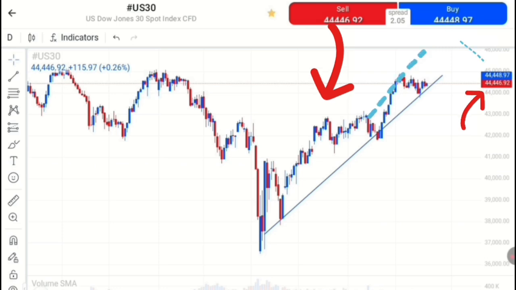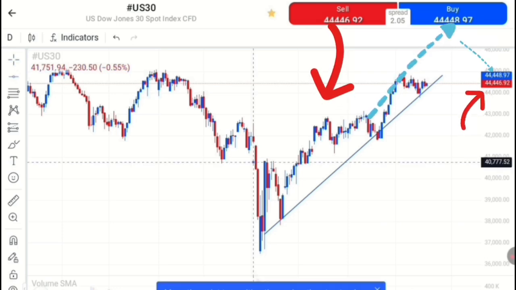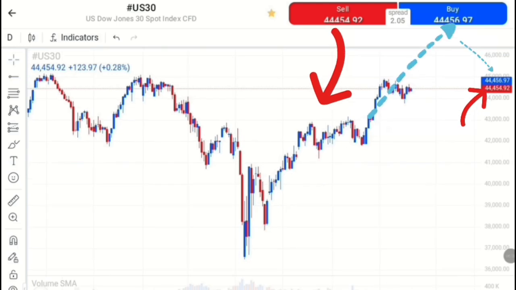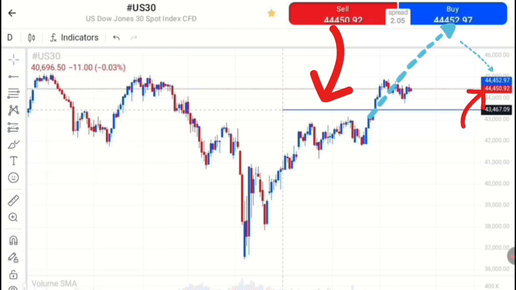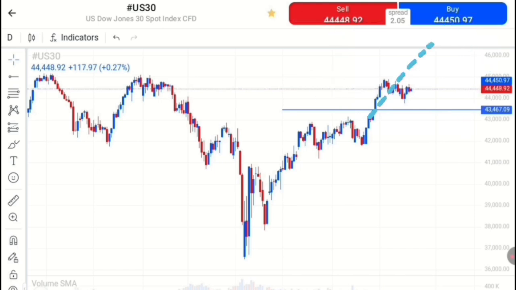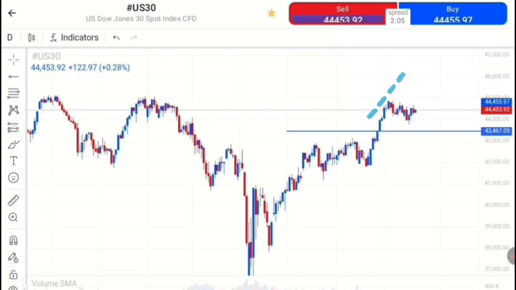So if I say the US30 will continue to buy and I put my trend line right here, and the US30 continues to go up, and I put my stop loss right here and the US30 does respect my speculation, it continues to go up from this point, then I will be making my profits due to the price fluctuation to the upside, because this is the contract that I have with the broker.